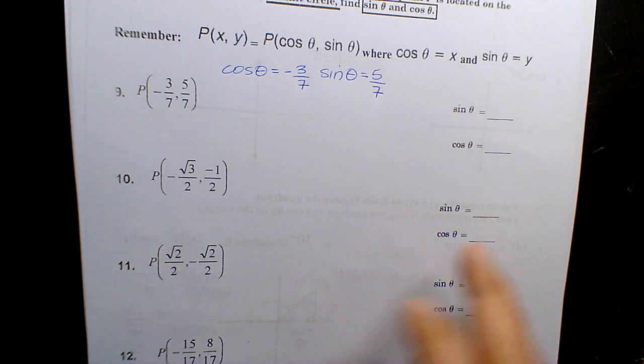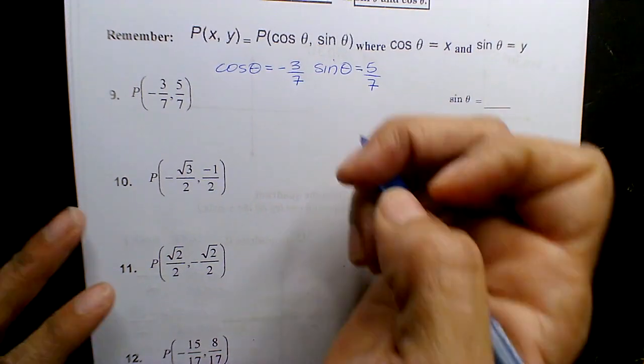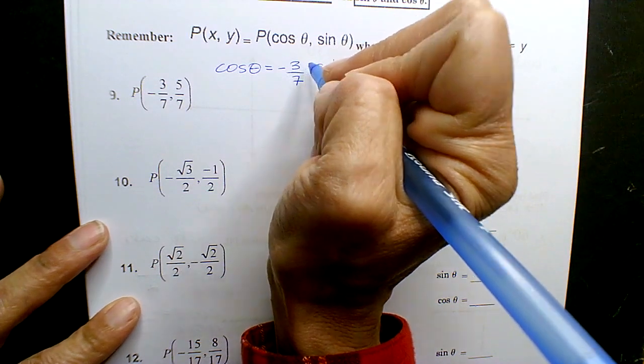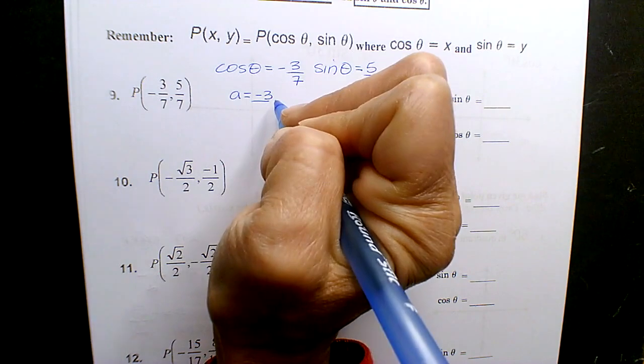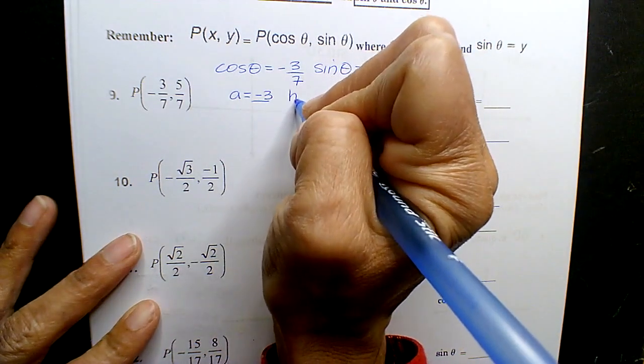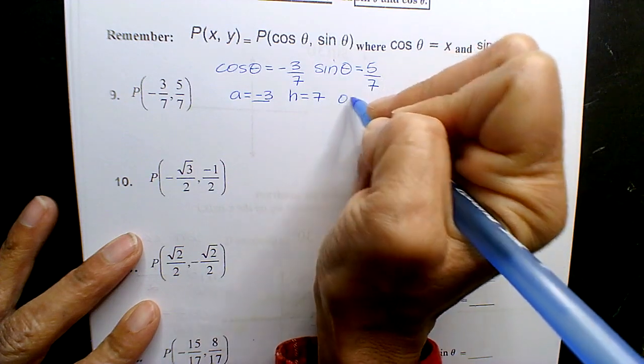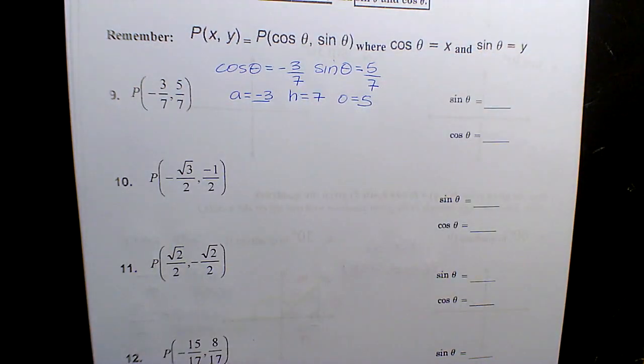And if you understand SOHCAHTOA, that means A is -3, H is 7 and O is 5. See if you guys agree with that. I don't know why I put it for the fraction bar.